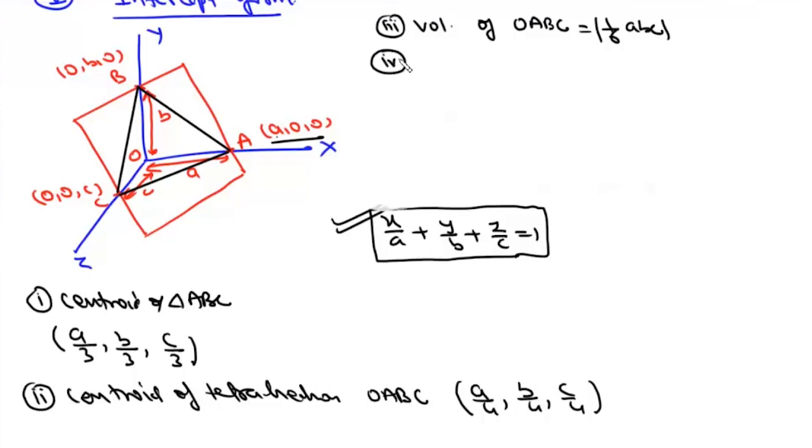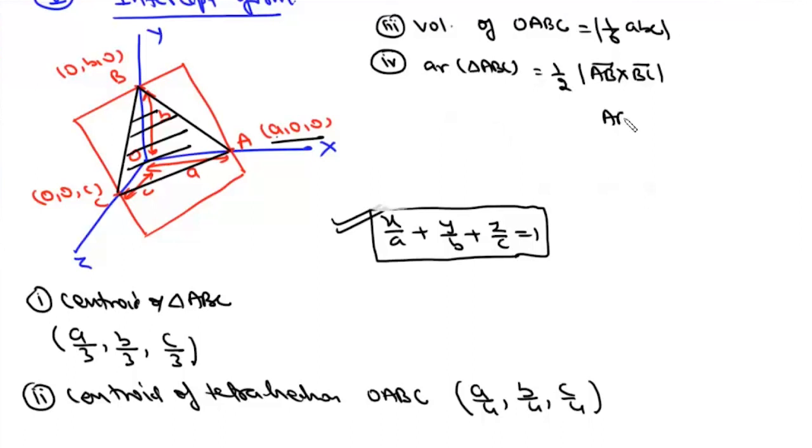Now the fourth question which is asked in this is the area of this triangle ABC. Now we know that the area of a triangle is given by 1 by 2 times the mod of AB cross BC.